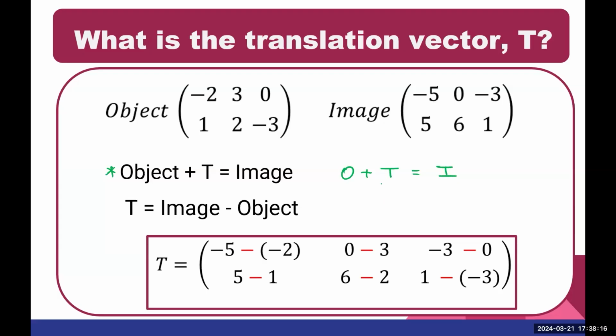Now, if we want to get T by itself, we would need to transpose this O, right? And we know that when we transpose a positive, it would change sign to a negative. So T would now be equal to I minus O. So it's back to basic algebra in order to get our translation vector.